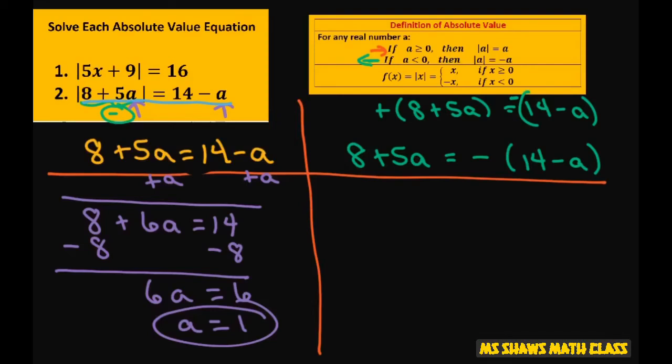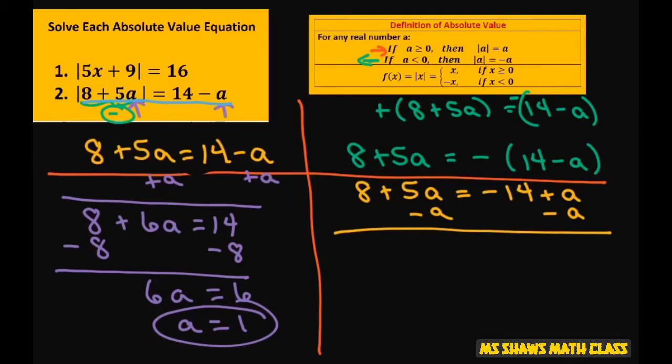So for this one, let's simplify this a little first. This will be negative 14 plus a. So we subtract a. So you get 8 plus 4a equals negative 14. Now let's subtract 8 from both sides.